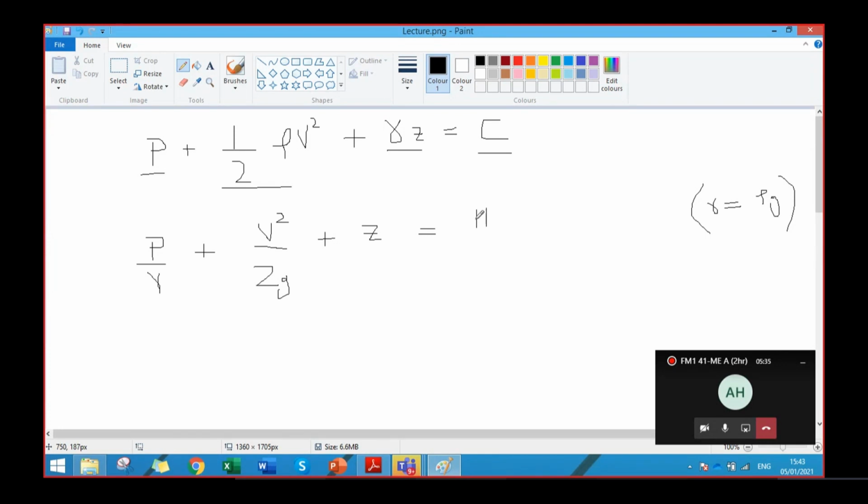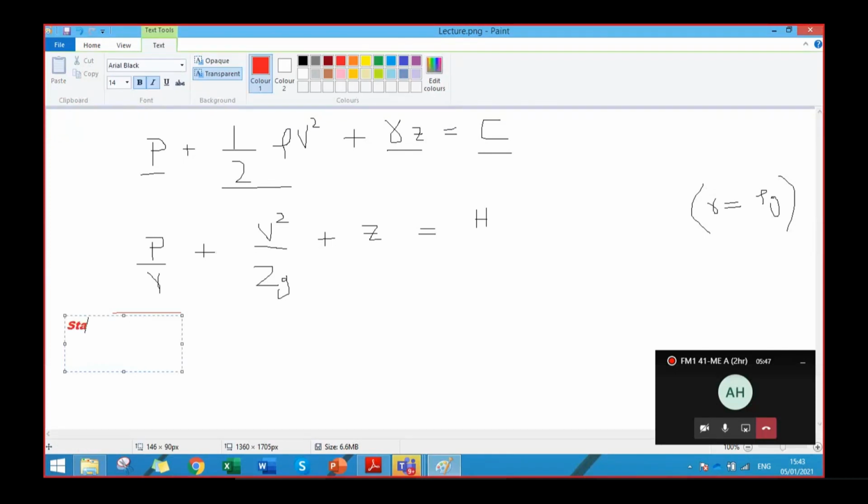In this equation, P by gamma is called the static head, V square by 2G is called the velocity head, and Z is called the elevation head.